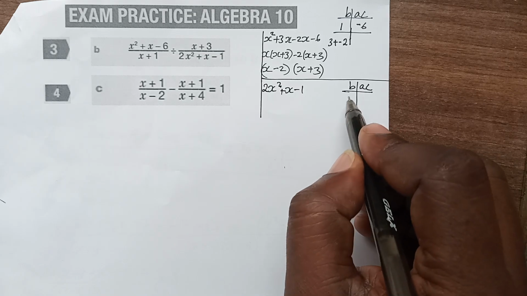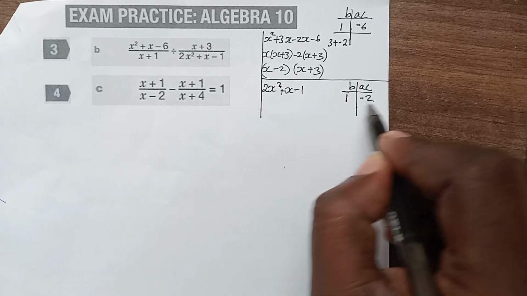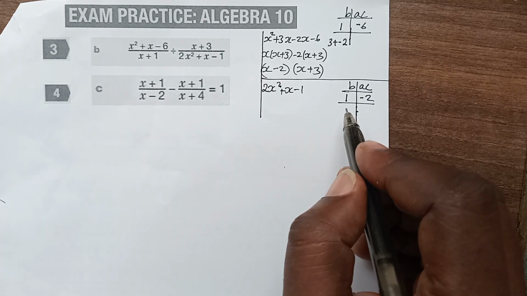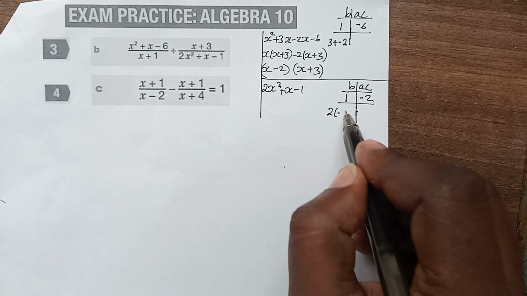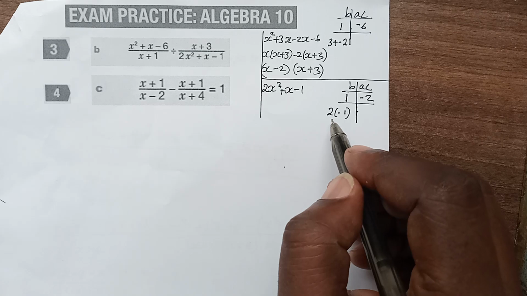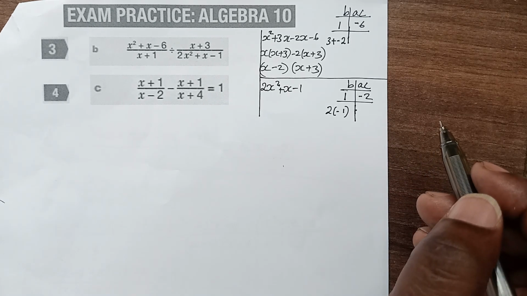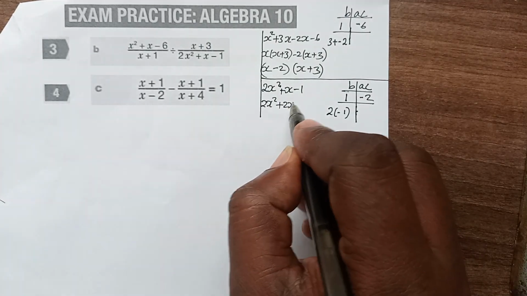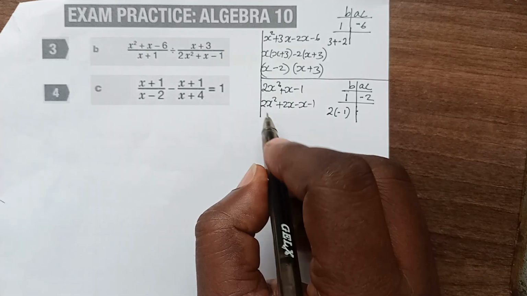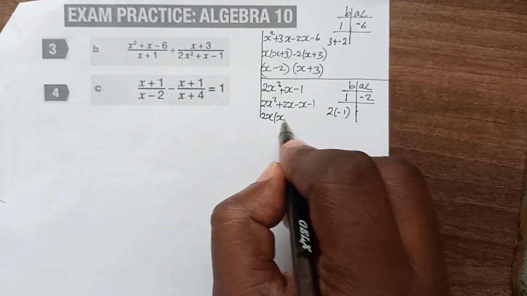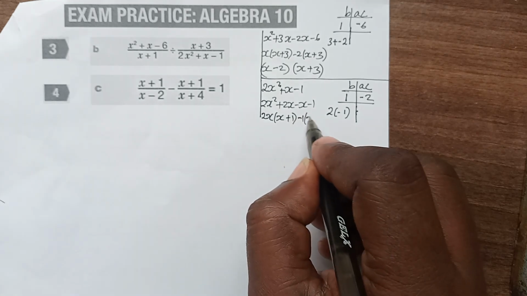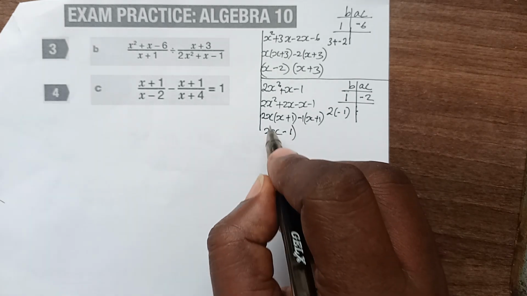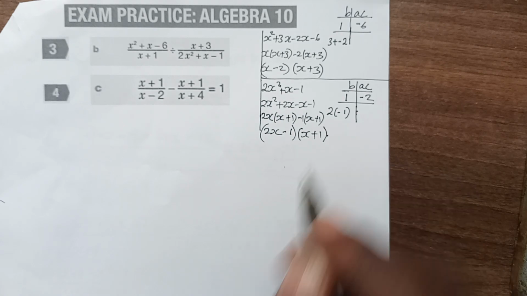The B is 1 and AC is minus 2, and therefore in this case we have 2 and minus 1 as factors, so that we can have 2x squared plus 2x minus x minus 1. We have 2x(x plus 1) minus 1(x plus 1). And finally we have (2x minus 1)(x plus 1).